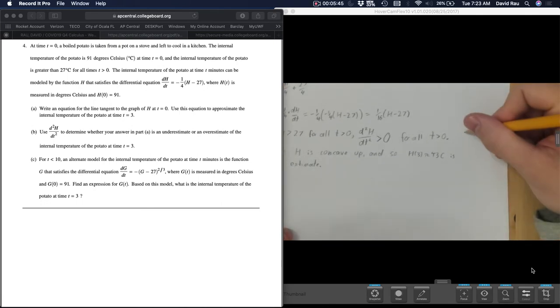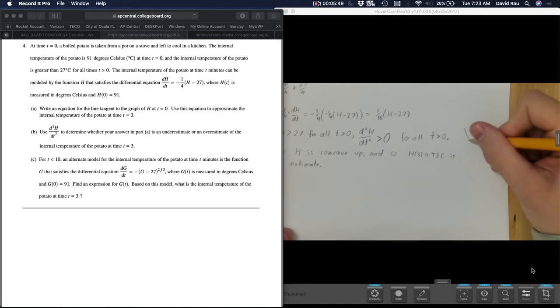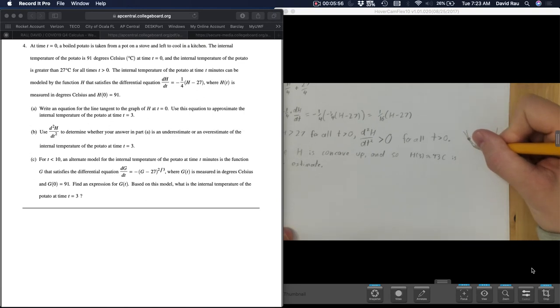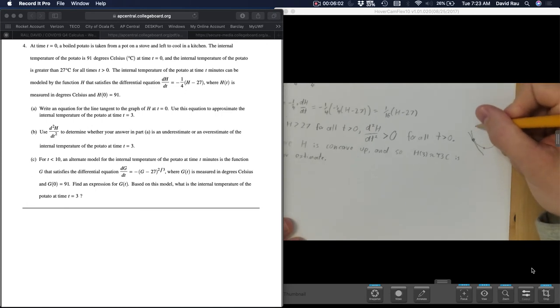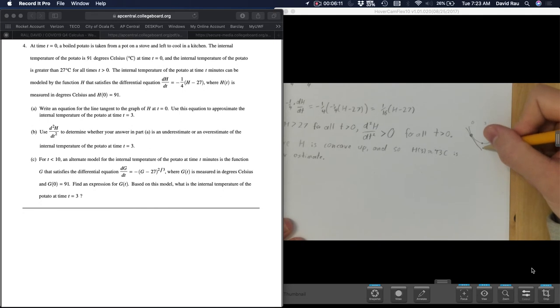Let's just illustrate this with a picture. If we're looking at a concave up shape here, now remember what we did, let's call this t equals 0. We made the tangent line at t equals 0, and we're approximating what it is at 3. In other words, this is the x value 0, this is the x value 3. We move this far, and we're saying how far different are these y values now? They are vertically spaced, and you can see the actual curve of the graph is above our predicted line.